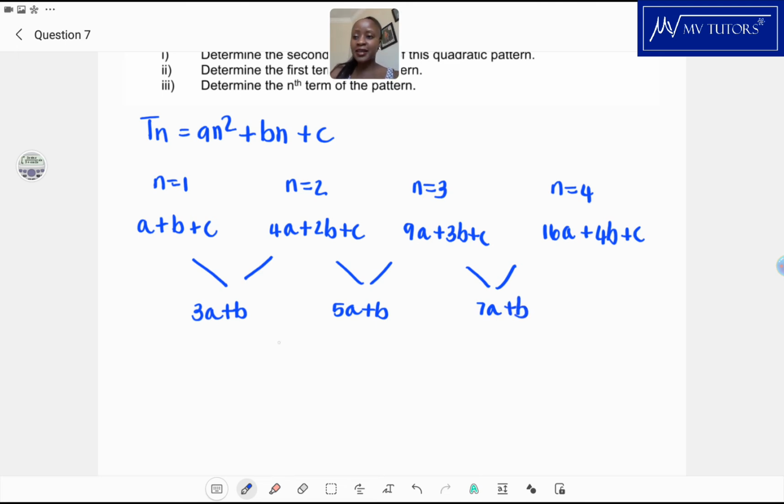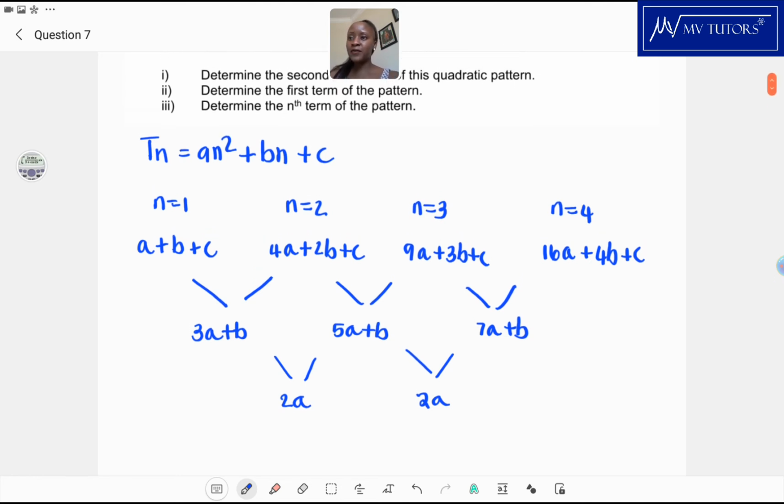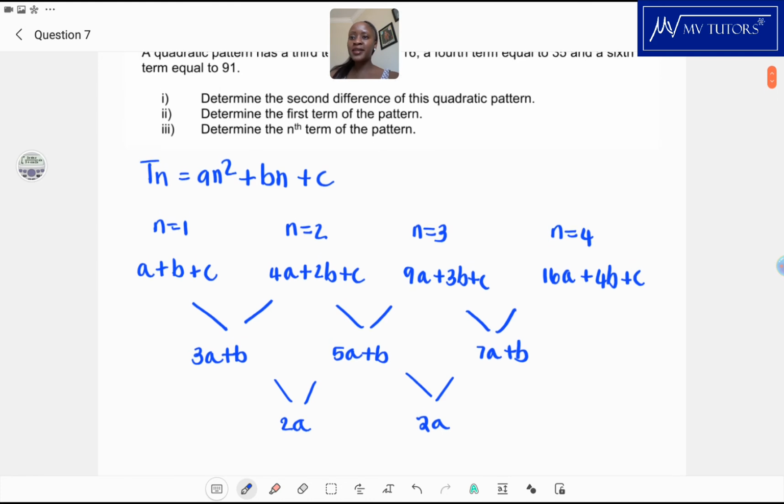And then finally, the second difference: the reason why we say the second difference is the same is because 5a minus 3a is 2a. The b's cancel. 7a minus 5a, still 2a. So if the first question says, determine the second difference of this quadratic pattern, they are looking for basically what 2a is equal to.